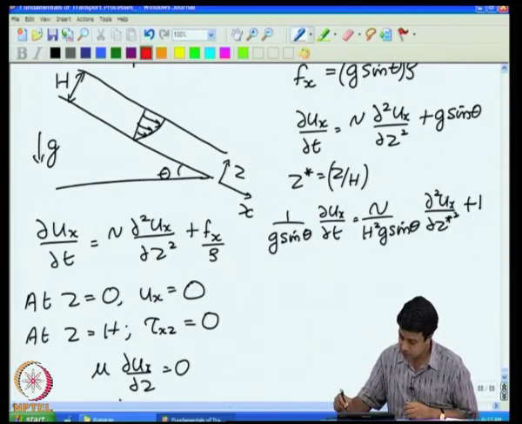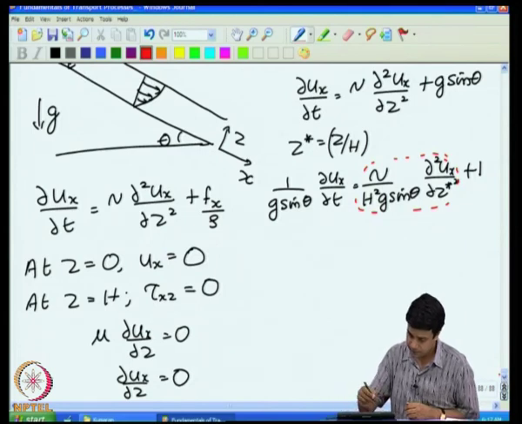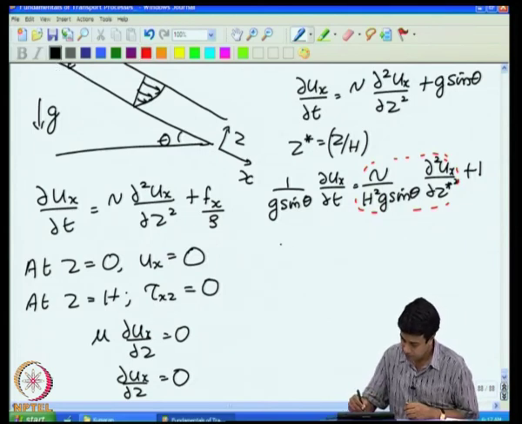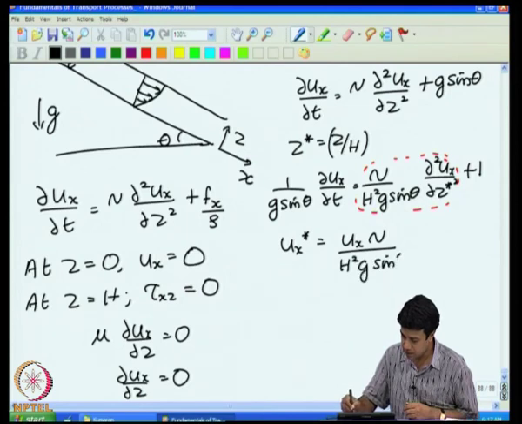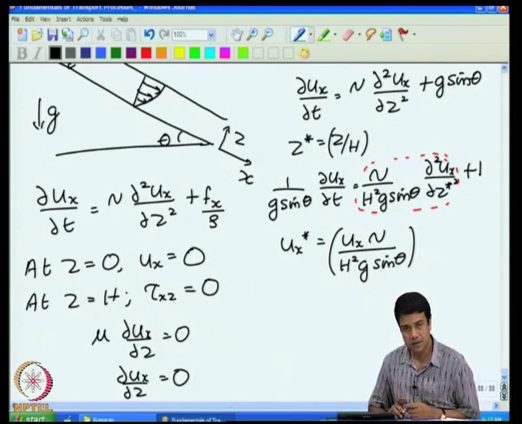Now, this gives us a clue about how we should scale the velocity, because if I define ux star is equal to ux times nu by h square g sin theta, then that entire term becomes dimensionless. 1 is dimensionless anyway. So, this gives us a way to scale the velocity.